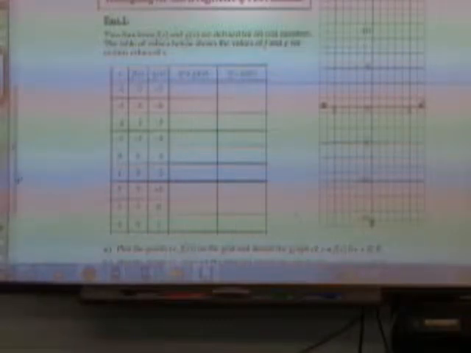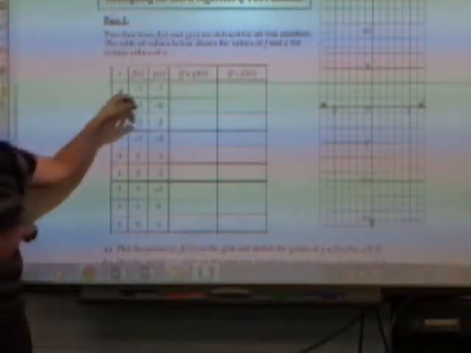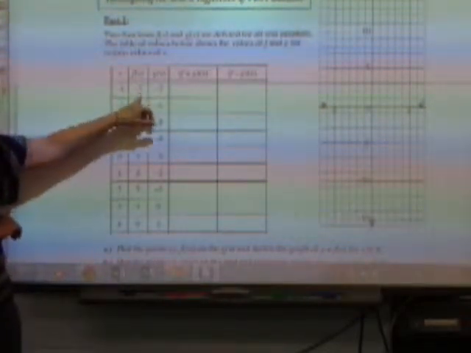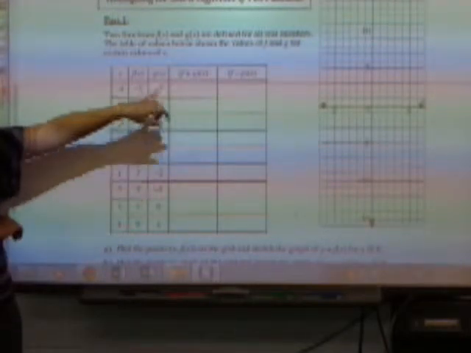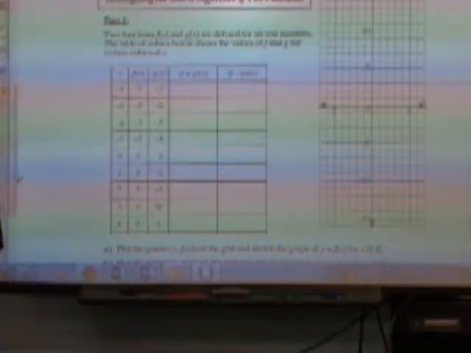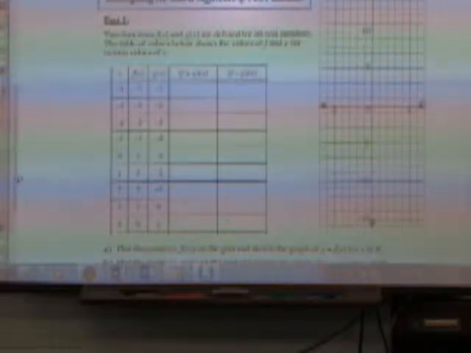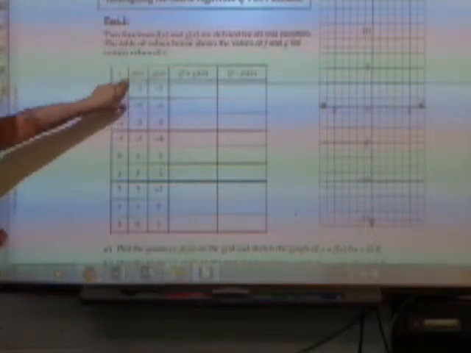Two functions, f of x and g of x, are defined for all real numbers. The table of values shows the values of f and g for certain values of x. When x is equal to negative 4, f of x is equal to negative 7, and g of x is equal to negative 7. If I find f plus g of x, it means I would add these two values.